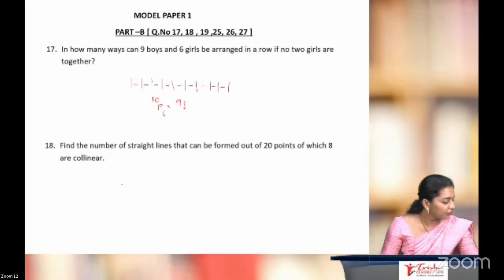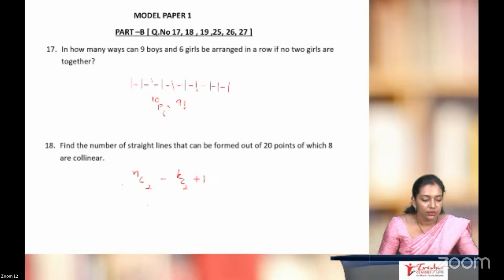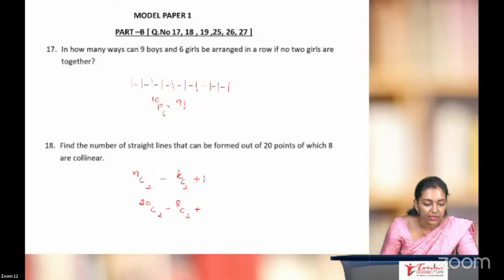Okay, so when there are n points, out of which k points are collinear, then the number of lines is nC2 minus kC2 plus 1. Here n is the number of points, that is 20C2, minus 8 points are collinear, so k points are collinear, 8C2, plus 1. Okay, so you can simplify this.